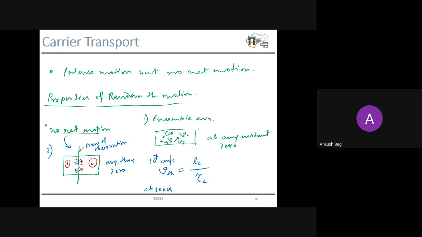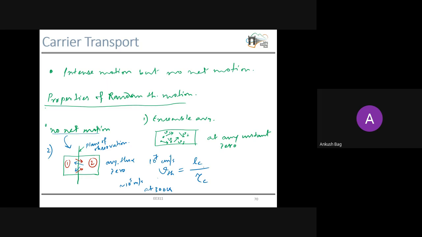If we go back to the last class, we calculated this value also. We came to this figure after calculating from 3kT by 2 and equating it to kinetic energy.